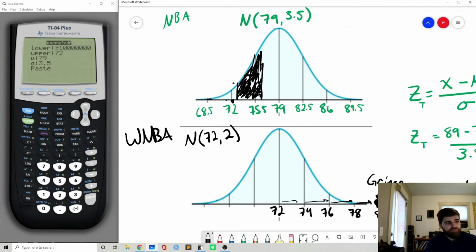But it's pretty straightforward with this. We said between 73 and 76. The TI calculators can do a really good job of finding that proportion. So that little chunk that I've just outlined is about 15% of the total curve.